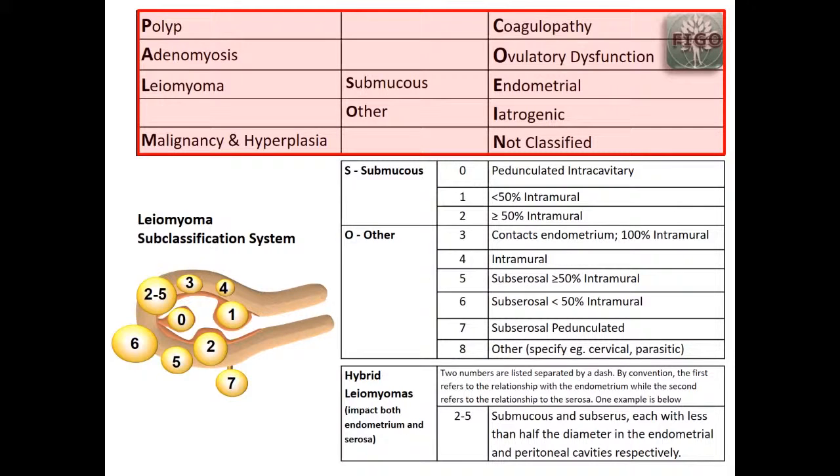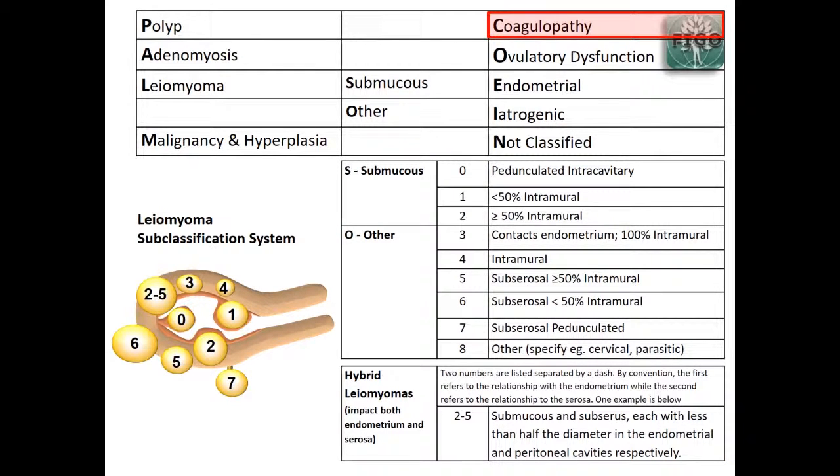Should leiomyomas be identified, then the investigation should be carried out as appropriate to determine the type, submucous or other or outside the endometrial cavity, and if they are submucous lesions, how much of the lesion is involved in the myometrium. All of these are important when trying to determine the most appropriate intervention.